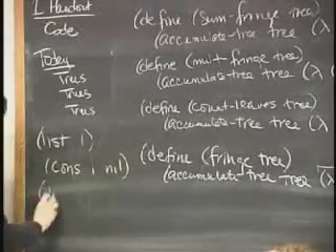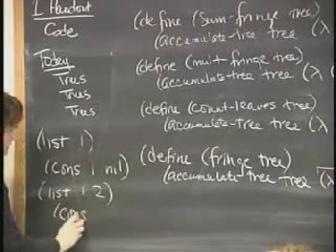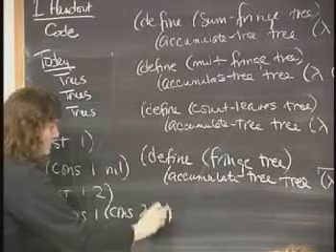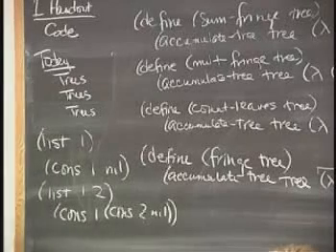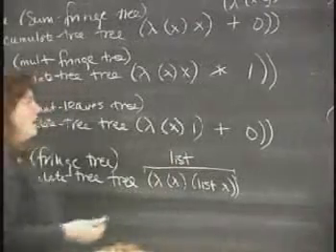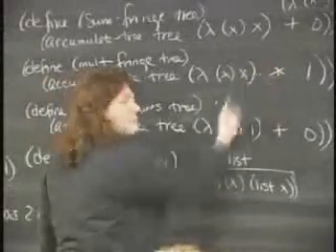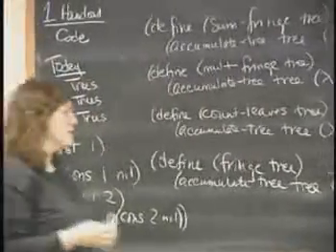And if we have list 1, 2, well, that's cons 1 onto the cons 2 of nil. So list can take any number of arguments. So we can use list as our combiner without having to wrap a lambda around it, just like we could do the same thing with plus or times. We don't have to have it take a specific number of arguments. The procedure itself can do that.